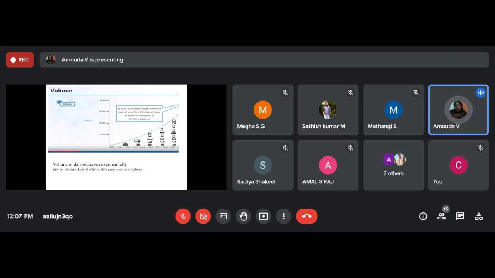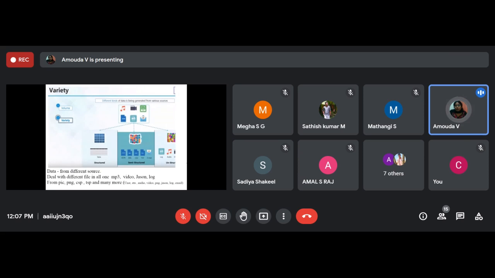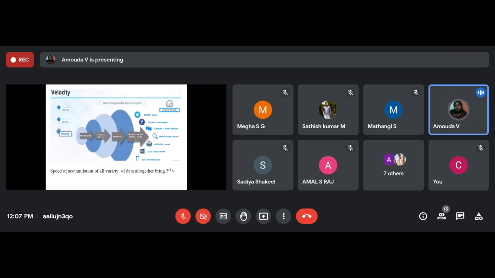Volume is how the data increases exponentially and how much data is accumulated. Variety is, as I told you, different sources: MP3, video, whatever it is. Velocity is the speed at which it is produced from Twitter, Facebook, whatever.